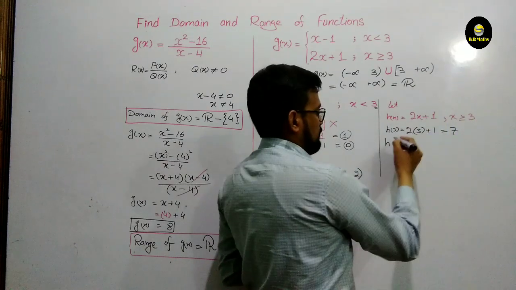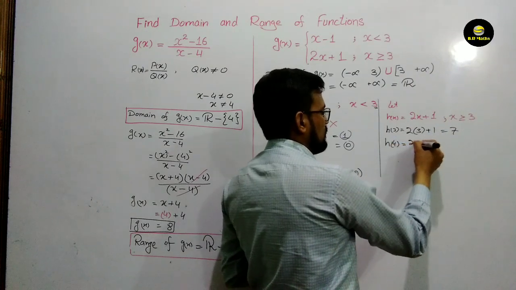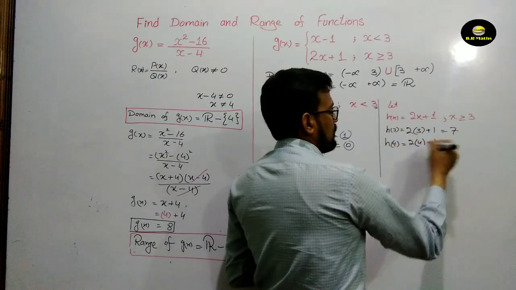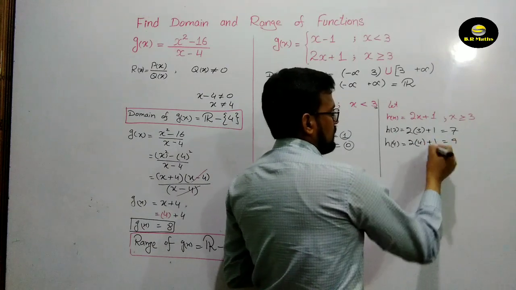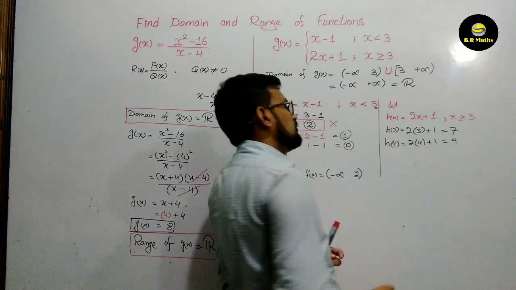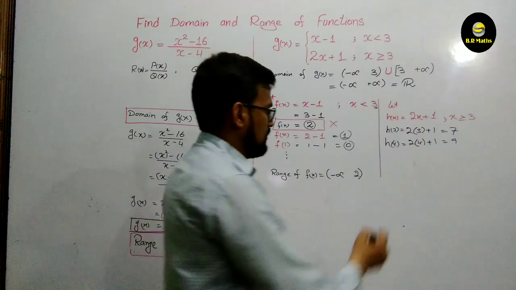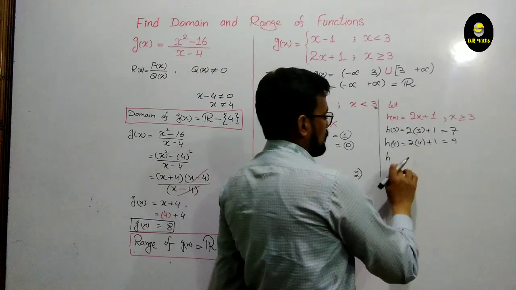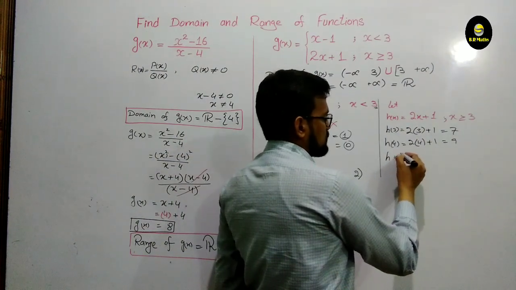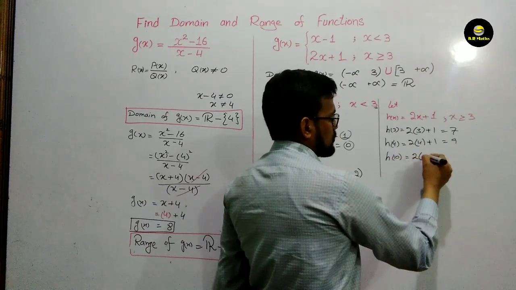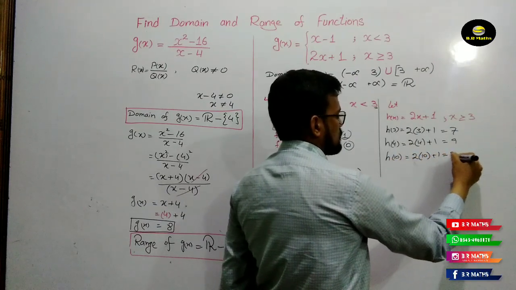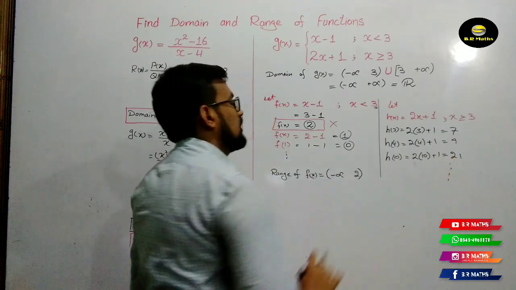Greater than 3 means 4, so put the value of 4: 9. So all values are greater than or equal to 7, and you can put any number. Let's suppose 10, then 2 times 10 plus 1 is 21, and up to infinity.